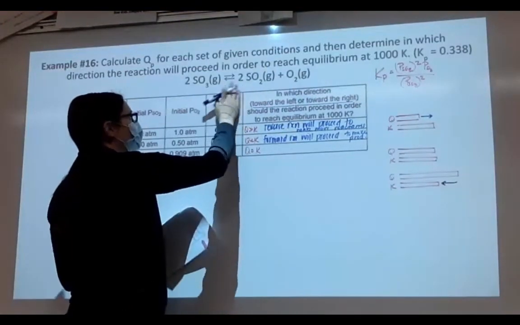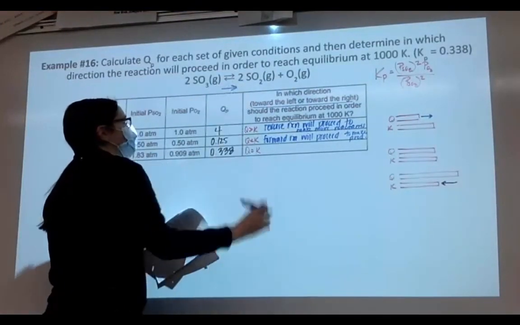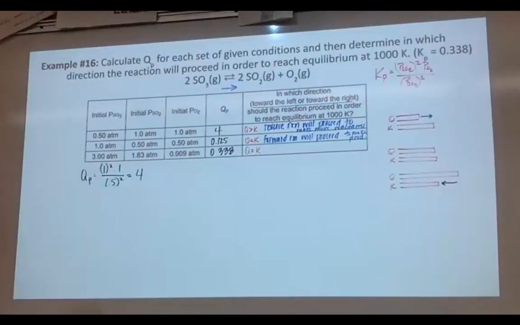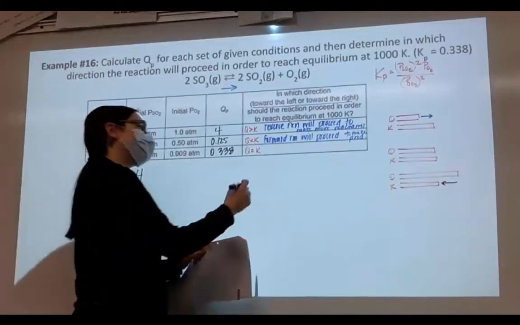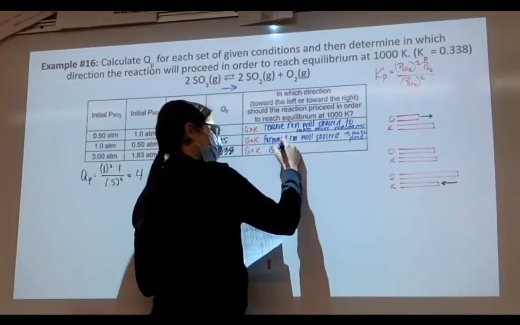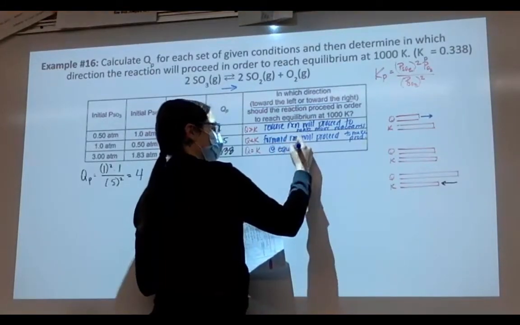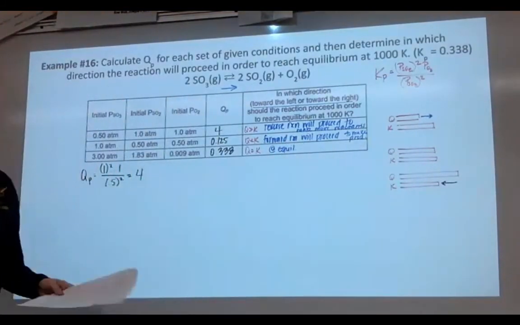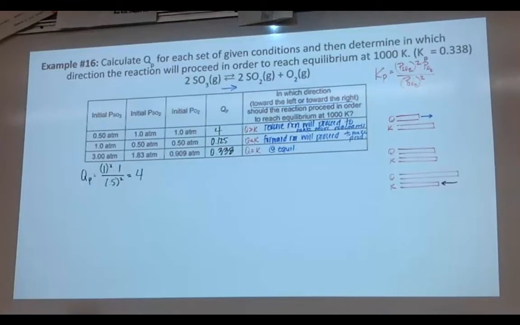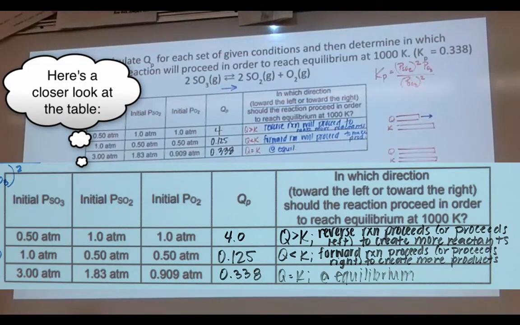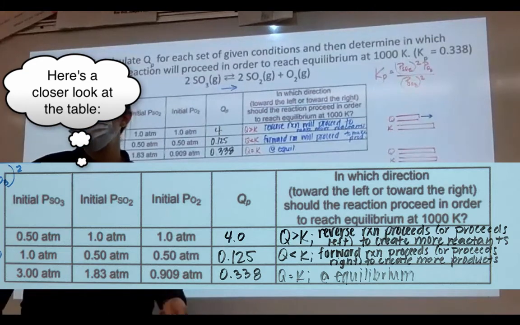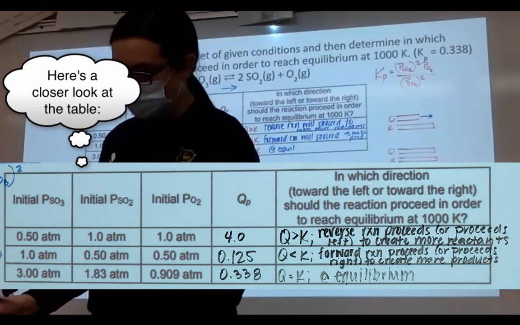If we want to make more products, the arrow is going to look like this. And then in the third one, Q equals K, we're at equilibrium. It's not going to proceed in either direction. So again, that's looking at Q versus K. Which way will the reaction proceed?